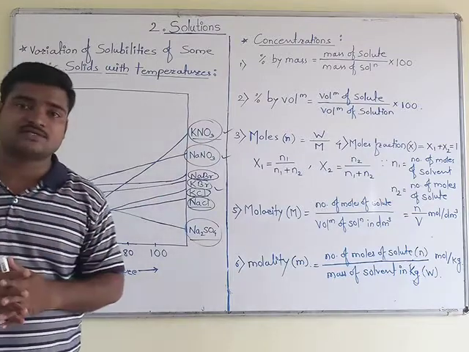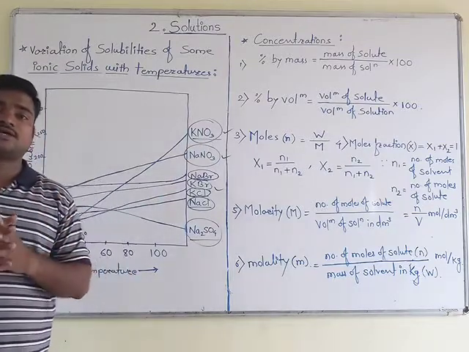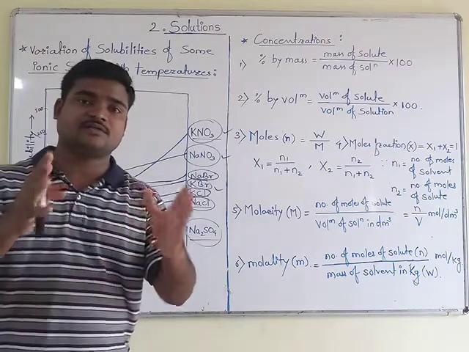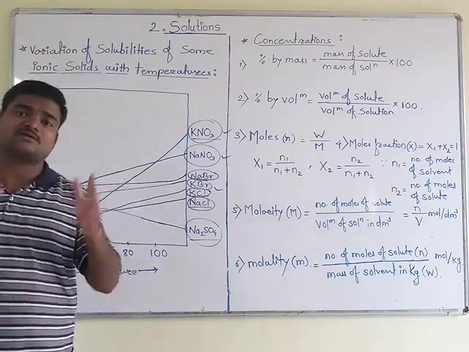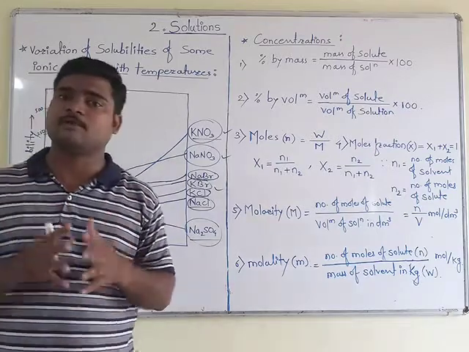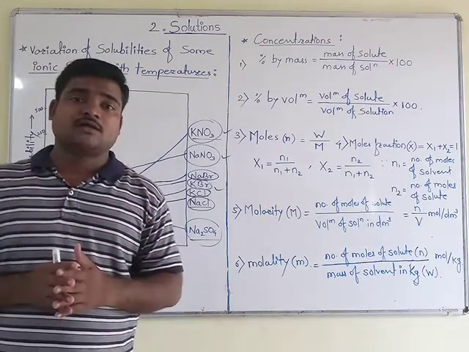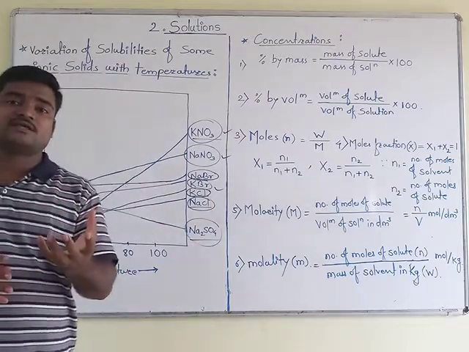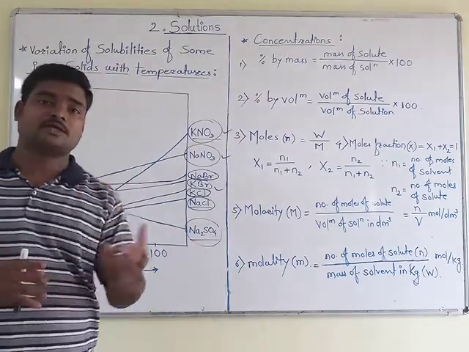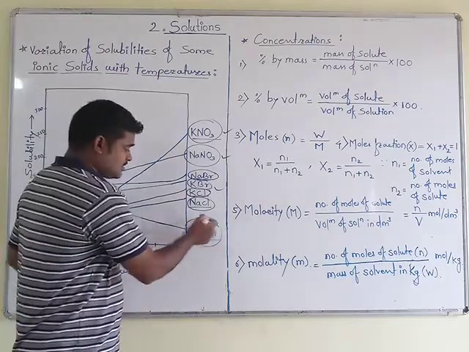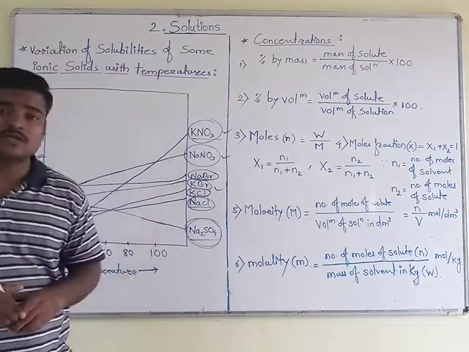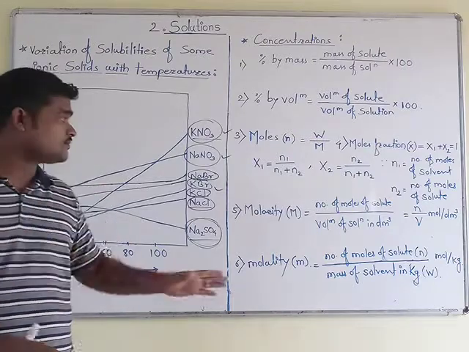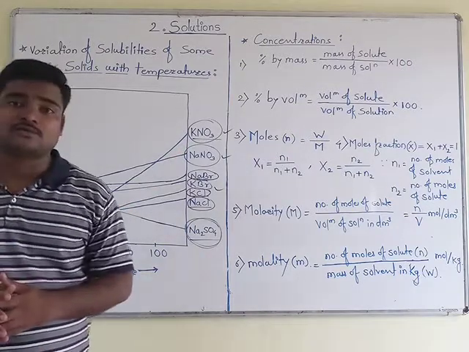As I mentioned earlier, the nature is not the same for all ionic solids. There are some exceptional chemical compounds. Generally, solubility increases with the increase in temperature, but here you will notice that sodium sulfate, Na2SO4, shows a different case from all these ionic compounds.